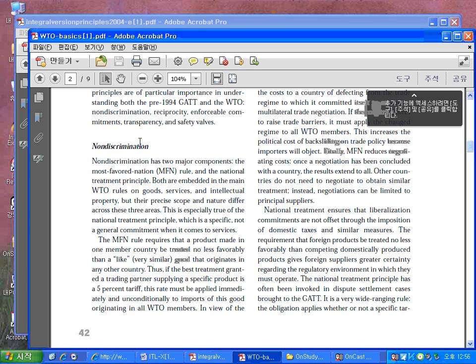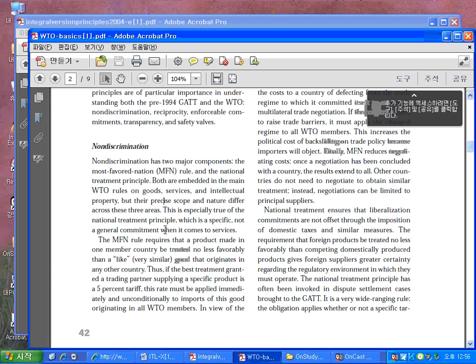Non-discrimination, in reversed understanding, is equality among the parties. So the member states have to be treated equally and non-discriminatorily in the WTO framework.